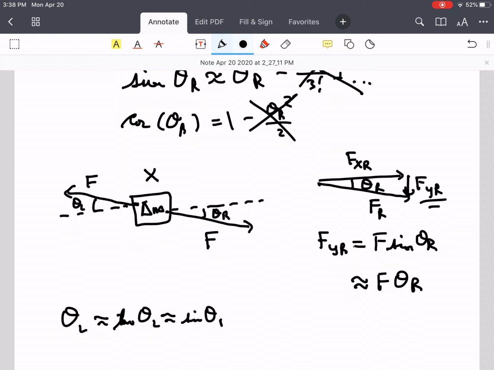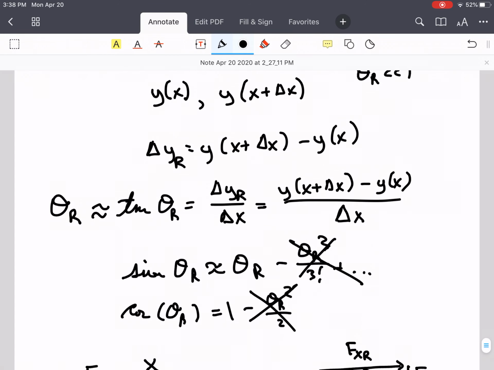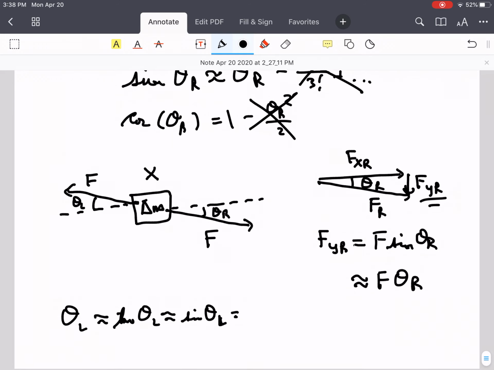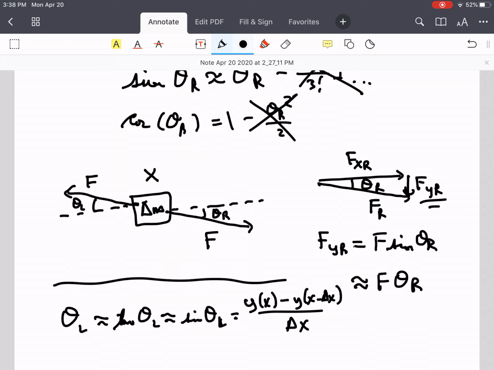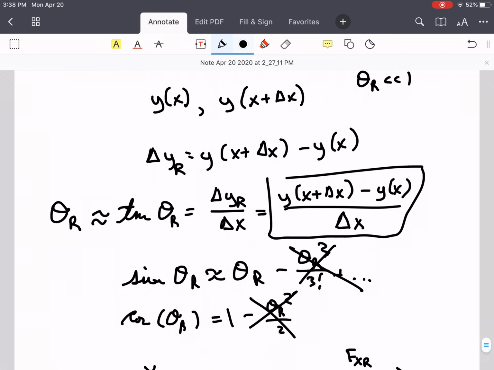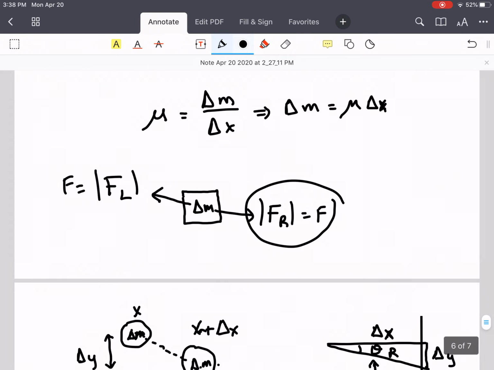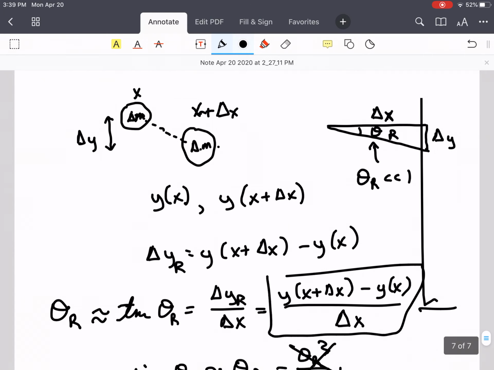They're all basically the same thing as long as they're small. And it's going to be basically the same formula, except now shifted by delta x. So that will be y of x minus y of x minus delta x, all over delta x. All right, so here's theta left, here's theta right, and now we are almost good to go.